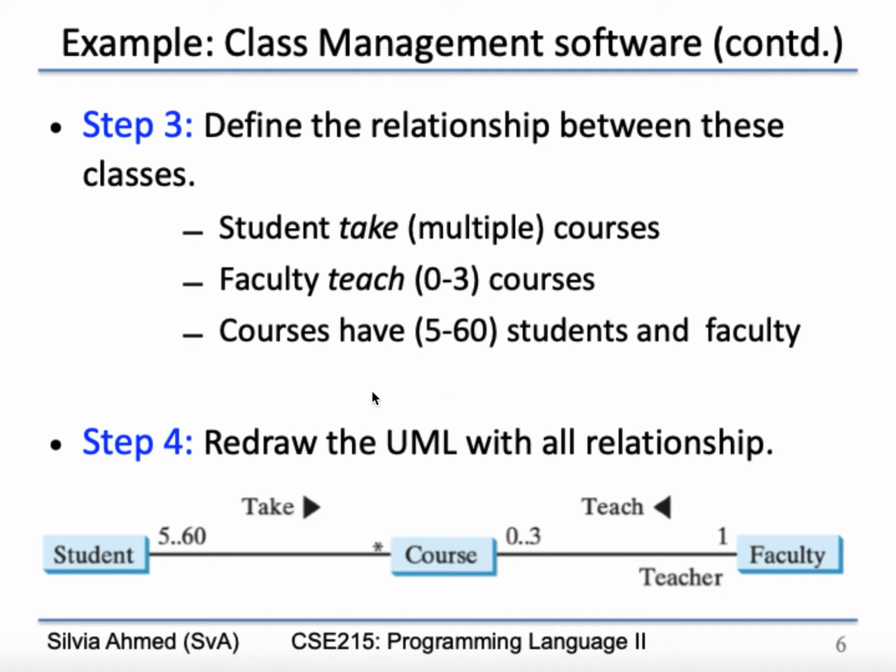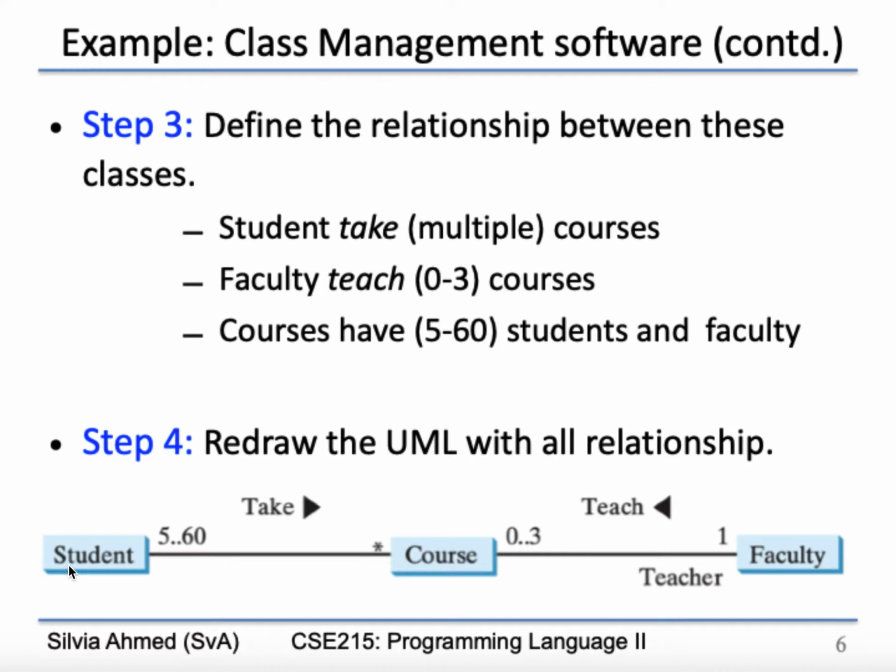After we quantify and establish the relationships, we redraw the UML diagram with all the relationships mentioned. For example, the student and the course class, these are the shorter version of the UML diagram for these classes.